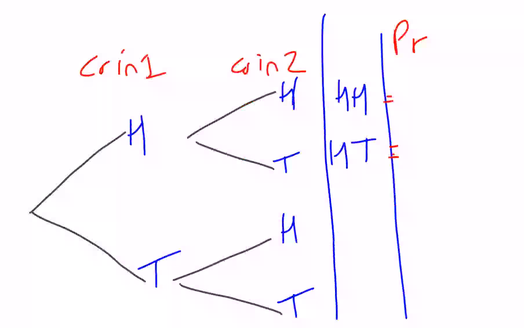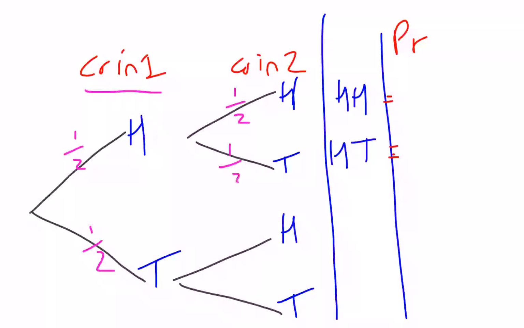Now, when we do a tree diagram, we're allowed to write the probabilities on every branch. Looking at this tree diagram, when I toss coin 1, the probability of getting heads is 1/2. Probability of getting tails is 1/2. No matter what happened for coin 1, coin 2's probabilities remain the same.